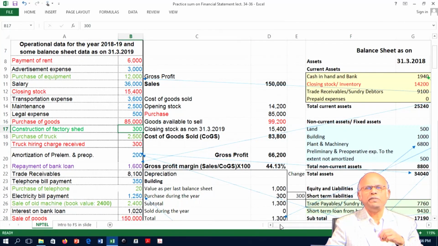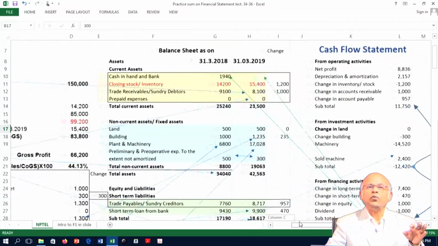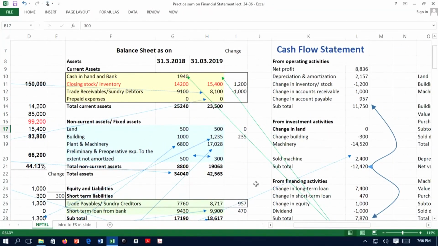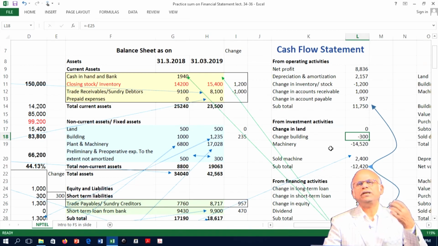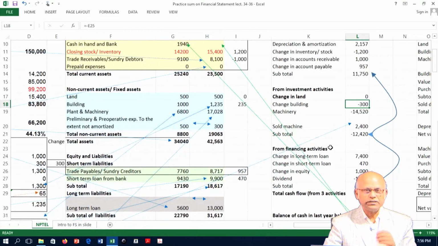So if I talk about building, then you have to see whether you have constructed a new building during this year or not. We have actually invested 300 rupees to make a new factory shed, and because we have invested money, that is a negative cash flow. If we had sold this shed for 300, it would have been a positive cash flow, meaning cash will come when you sell some land, some asset.